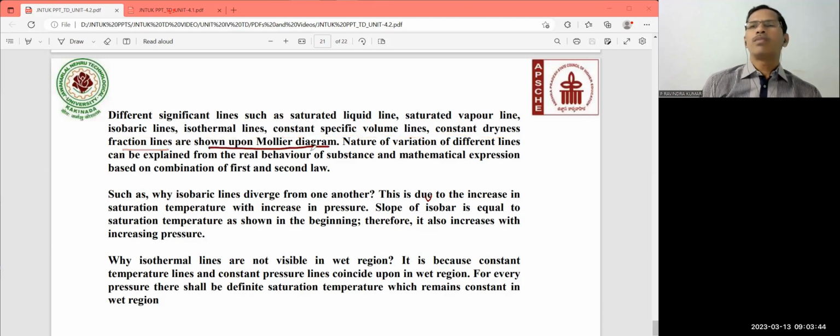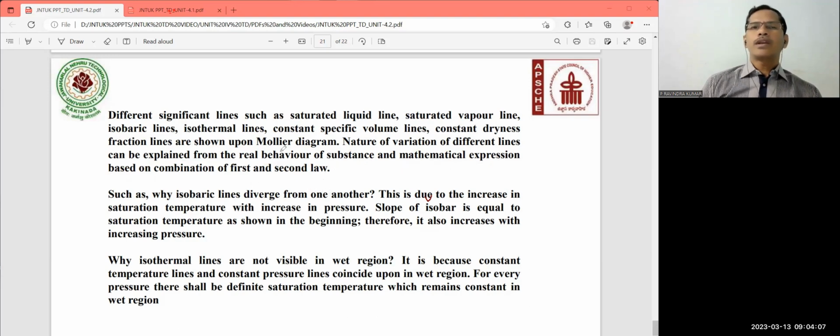These are shown on the Mollier diagram. The Mollier diagram is the representation of enthalpy versus entropy. Enthalpy is on the y-axis, entropy is on the x-axis. The nature of variation of the different lines can be explained from the real behavior of a substance and the mathematical expressions based on the combination of the first and second laws of thermodynamics.